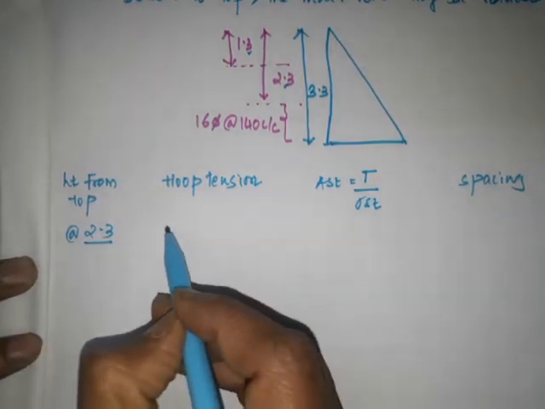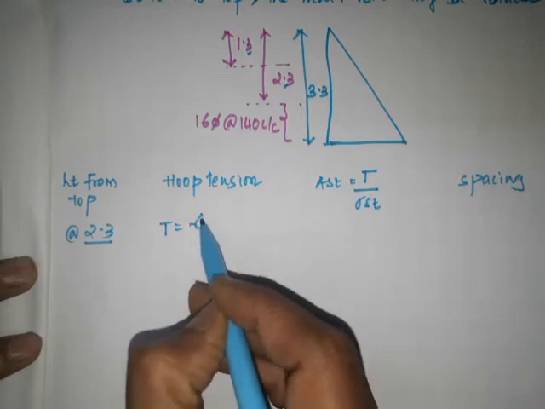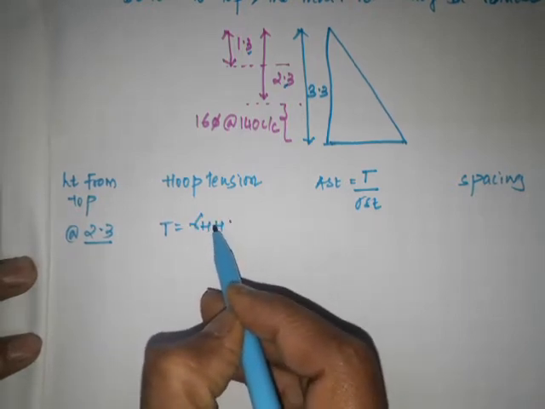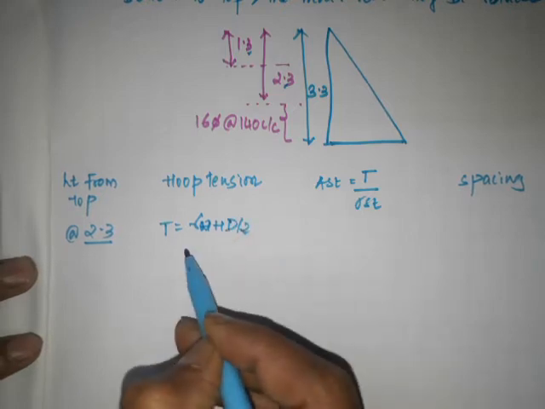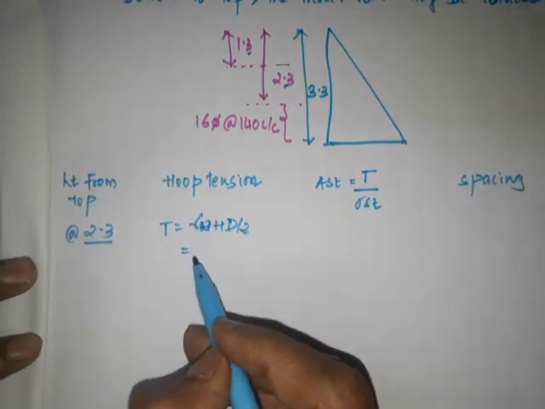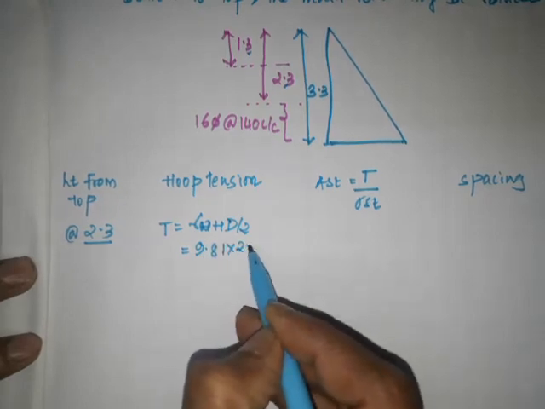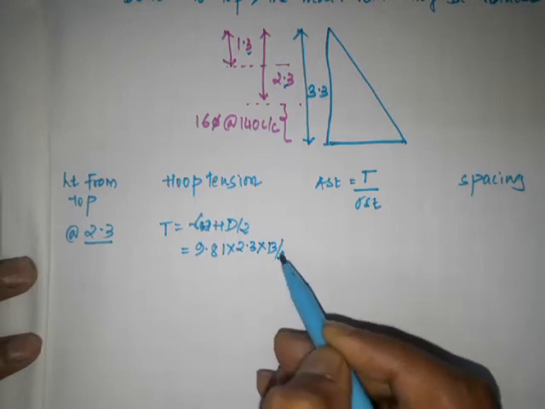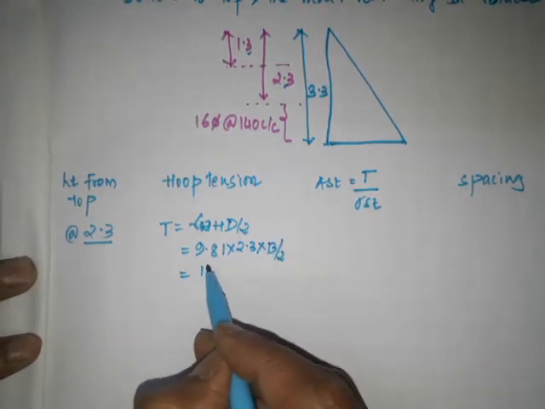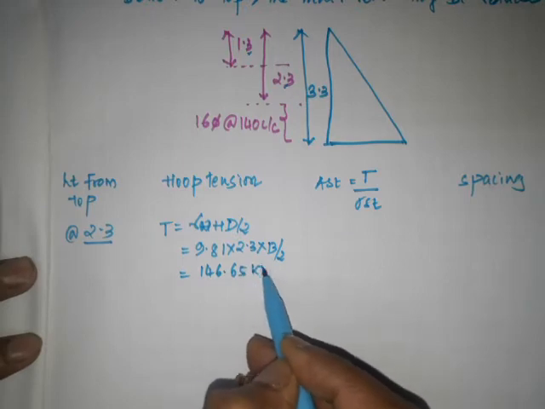The hoop tension will be T equal to gamma w into H into D by 2. So we get 9.81 into H is 2.3 into dia by 2, that is 13 by 2, so we get 146.65 kilonewton.